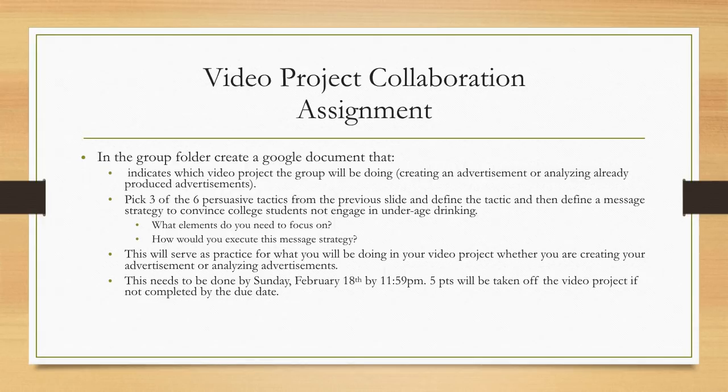All right, so what elements do you need to focus on? You might even want to consider the functions of attitudes at the beginning, right, with self-identification, ego defenses, and those sorts of things. And then how would you execute the message strategy? How would you do that, right?